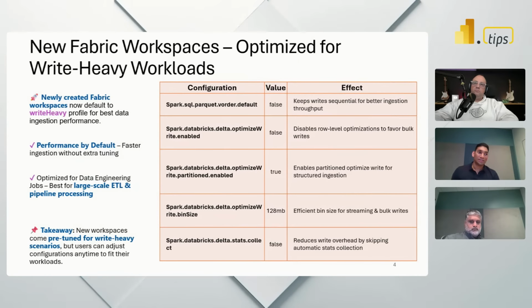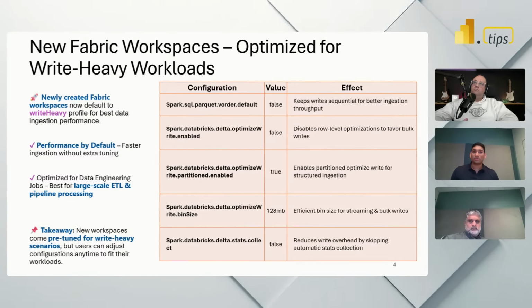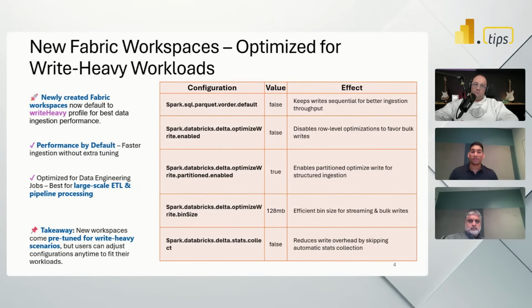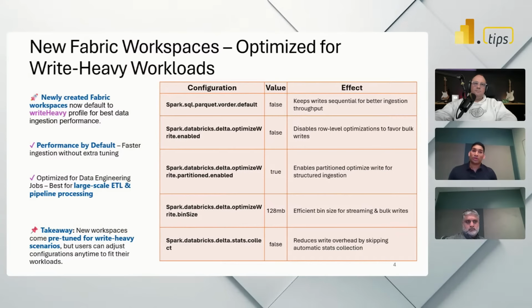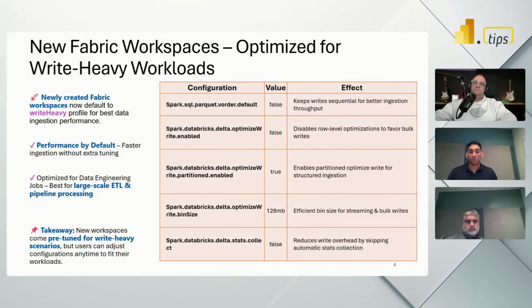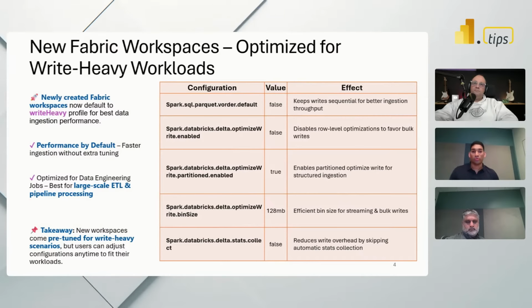But what you're seeing is from a lot of enterprise users, we are hearing a lot of positive feedback where they're able to see almost 6 to 7x gains for their write-heavy scenarios. And now, for the conformance and read-heavy layers, they're going and fine-tuning this based on their requirements, based on the concurrency scenarios that they receive from, say, Power BI or any other reporting layer or interactive querying scenarios.